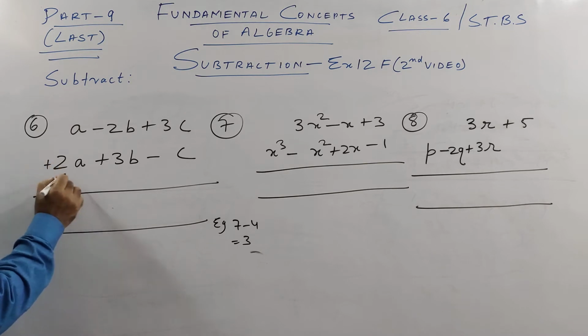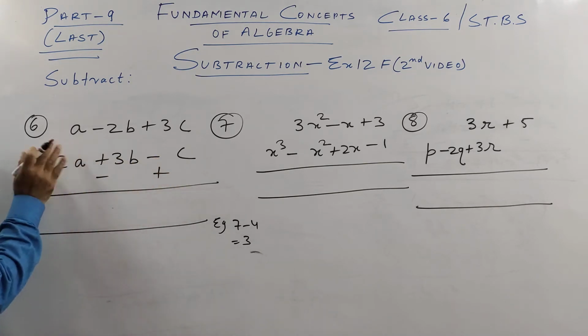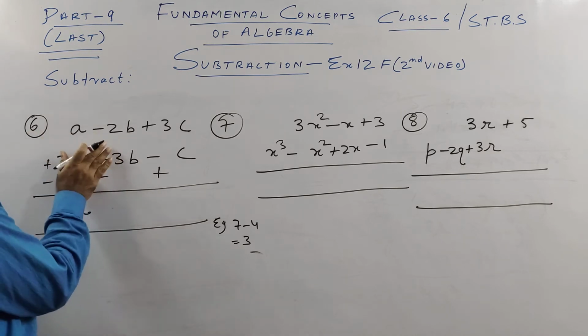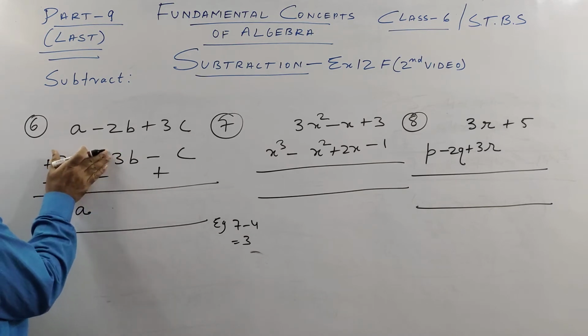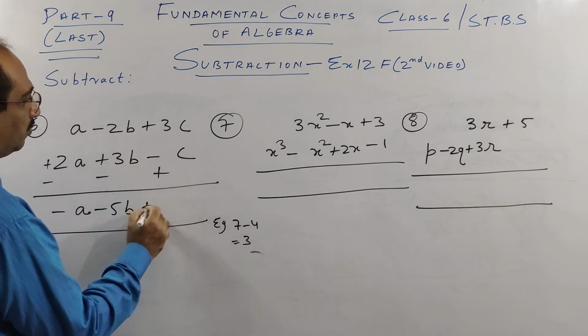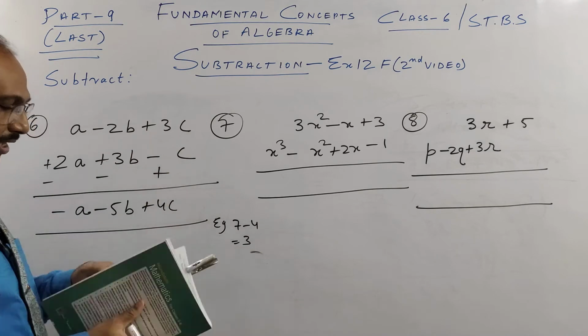This is plus, minus. This becomes minus and minus becomes plus. So forget this. Minus 2a plus a is minus a, children. Minus minus, this you forget. Minus 3, this you see minus 3, minus 2, minus 5b. Plus plus, don't see this, plus 4c.